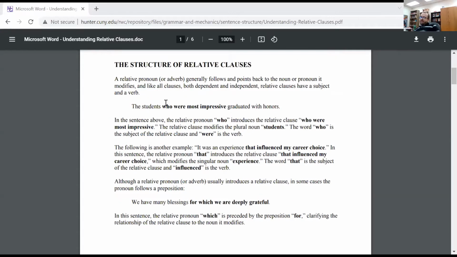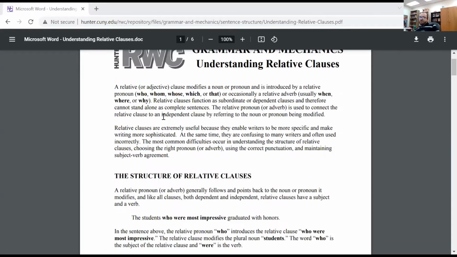A relative clause usually starts with one of these types of adverb or relative pronouns. So it starts with who, whom, whose, which, or that. Whenever you use these words in a sentence, that's when you always have the sentence within the sentence.